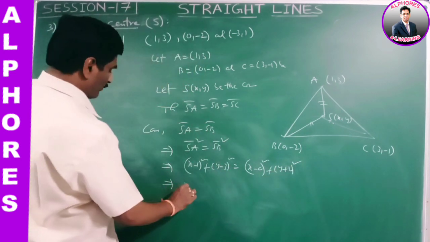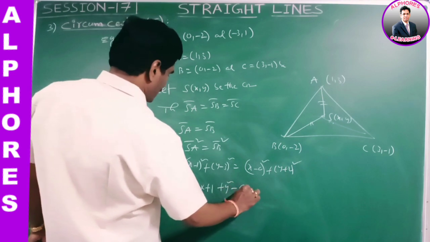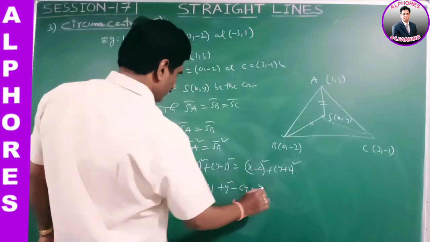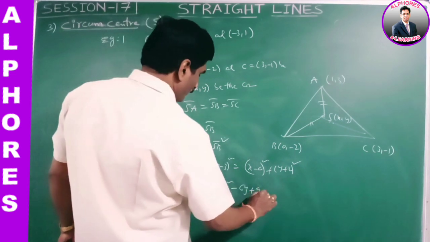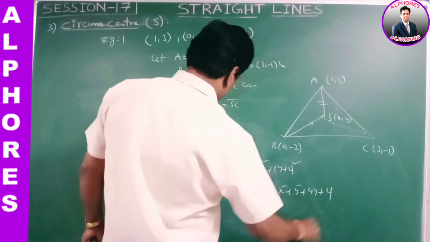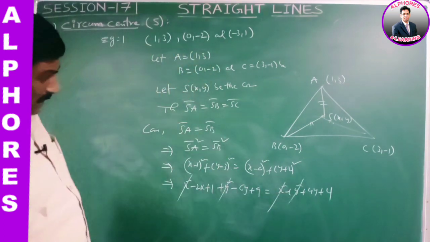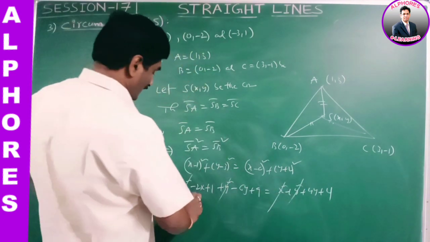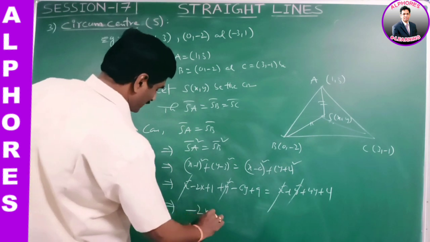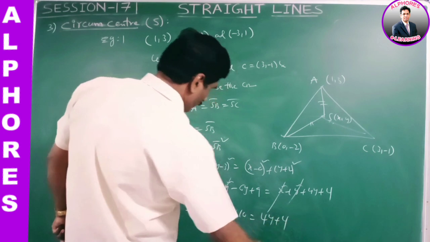After expansion, it reduces to x² - 2x + 1 + y² - 6y + 9 = x² + y² + 4y + 4. Here x² and y² cancel. After simplification, -2x - 6y + 10 = 4y + 4.